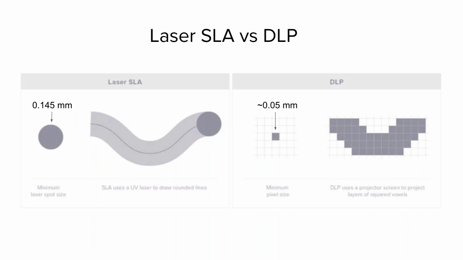So you can see in this diagram here, a laser-based stereolithography printer like Form 2 on the left, where we can actually feed that X and Y galvanometer at the same time and draw smooth curves. Our point size, the laser's diameter, is about 145 microns, so 0.145 millimeters.